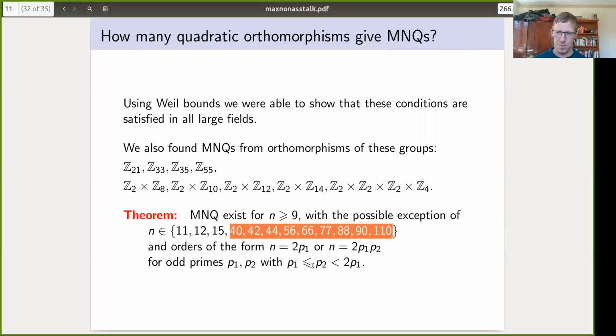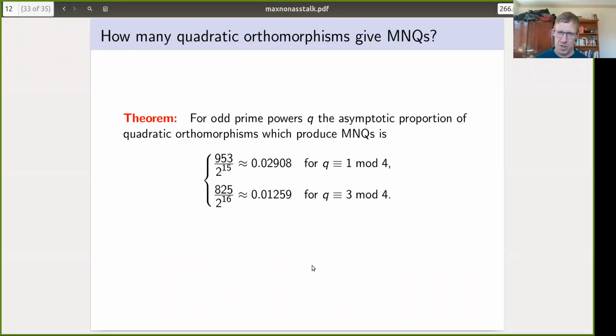We have a follow-up paper which is submitted, and in that we look at the proportion of quadratic orthomorphisms that give you maximally non-associative quasigroups. Obviously you have a whole bunch of things which need to be residues or non-residues, so that explains why we're getting large powers of 2 here.